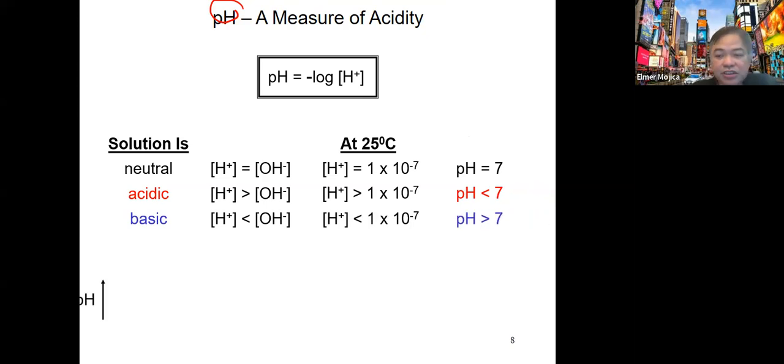So the relationship between the two is a seesaw relationship. As the pH increases, the H plus decreases. As the pH decreases, the H plus increases. So at low pH, you have higher concentration of H plus. At high pH, you have lower concentration of H plus.